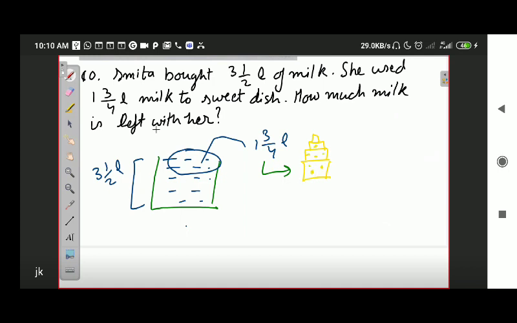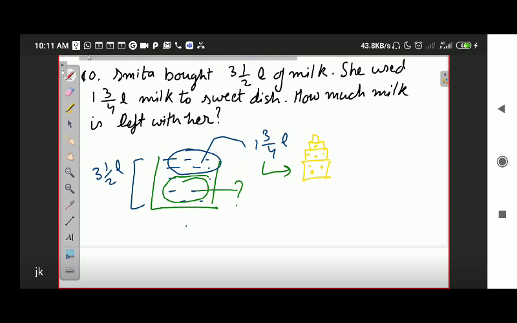So we have to determine how much milk is remaining with her. How do we do it? We subtract 1 3/4 liters from 3 1/2 liters.